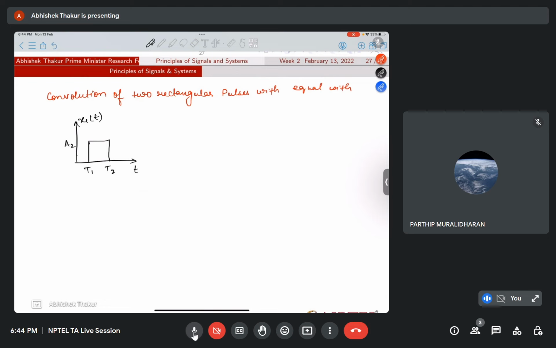Its amplitude is A1. Another pulse is given, that is x2(t), again from T3 to T4. Here this is A2.